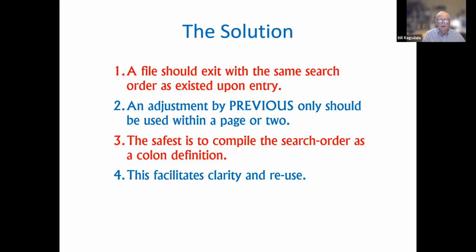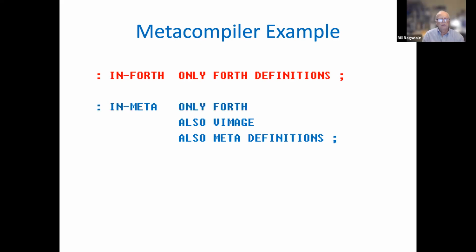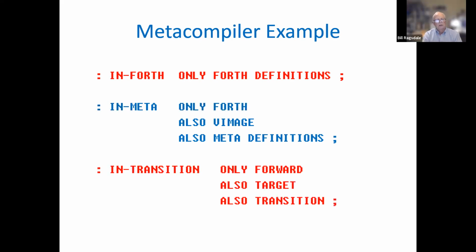So as we saw in the Metacompiler situation, the Metacompiler is often doing major vocabulary changes in between words, moving from one context to another. So here's an example that Win32 uses in metacompilation. Some of its vocabulary structures are at a situation called in forth.